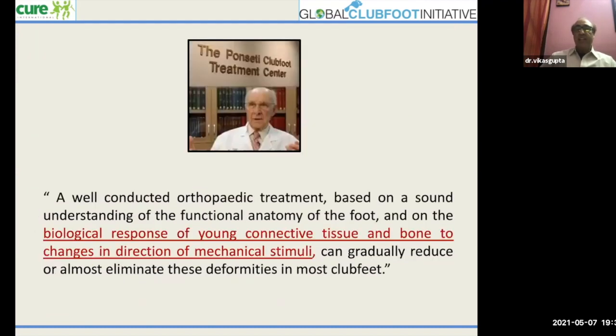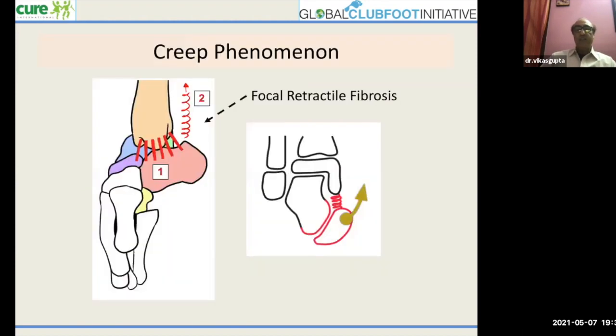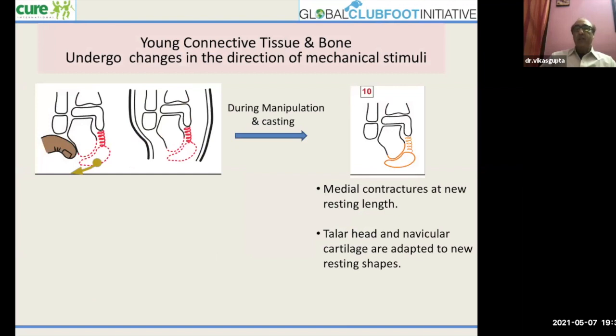So remember this line. We have done the functional anatomy, that biological response of young connective tissue and bone to changes in the direction of mechanical stimuli. So this is the retracting fibrosis which is there in the clubfoot, which is called focal retractile fibrosis. With gradual manipulation and stretching, you stretch this fibrous tissue, and these fibrous tissues are set at a new resting length by the cast.